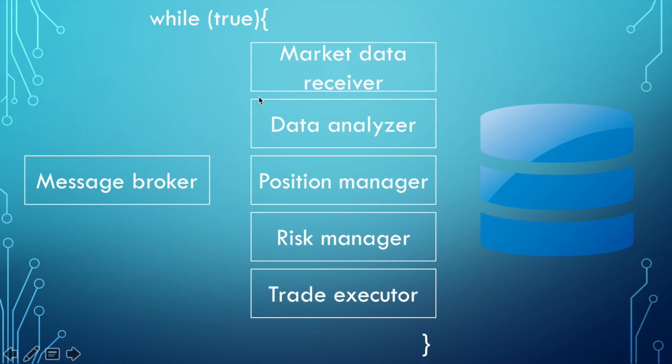The data analyzer component is responsible for the trading opportunities search. It receives data from the market data receiver and implements a technical indicator, like simple moving average or exponential moving average in our case.